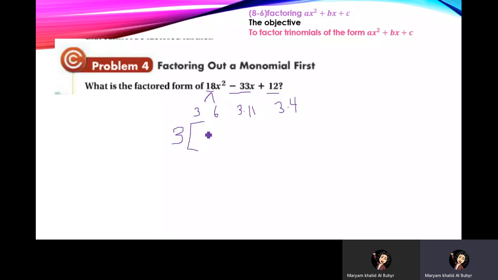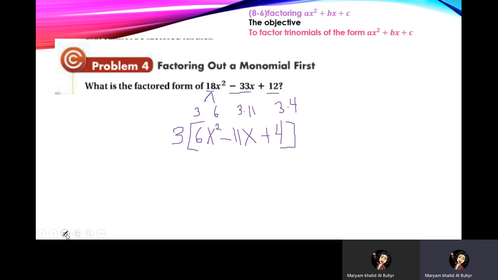Now the rest is 6x squared minus 11x plus 4. Now you can easily deal with this one. It is much easier than having 18 times 12.